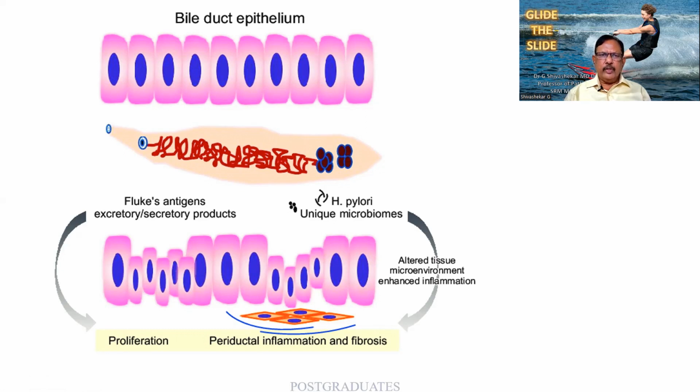The body tries to resist it, and there can be some altered configuration or even alteration in the cells. Adding fuel to the fire will be H. pylori, which can alter the microenvironment. There is a periductal inflammation and fibrosis. That is what we are seeing. I hope the pictures are very clear.